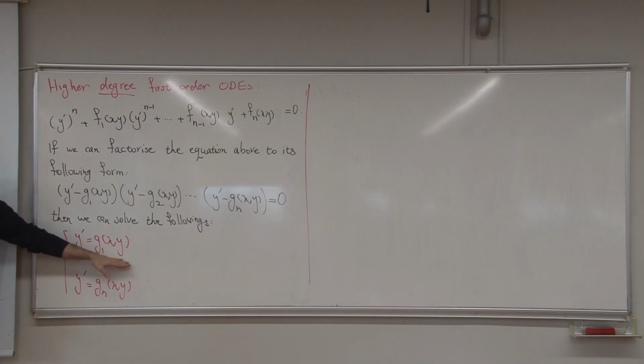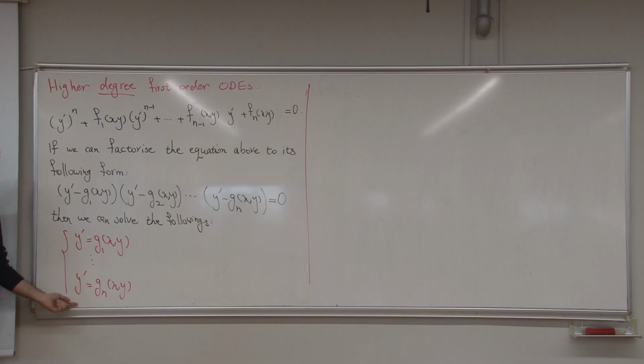What do you see here? This is a first order differential equation. We know how to solve it. The second one is as well, the third one as well, up to the nth one. We have n first order differential equations that we know how to solve. We have talked half a semester about them.